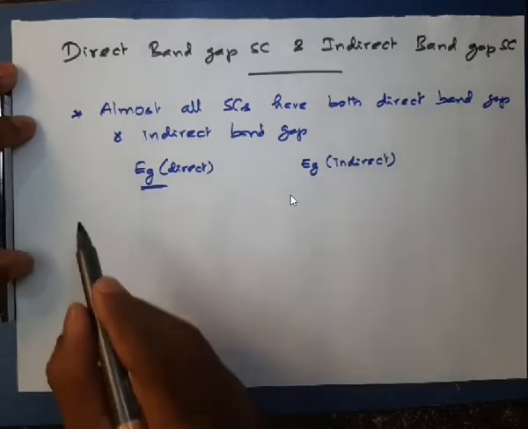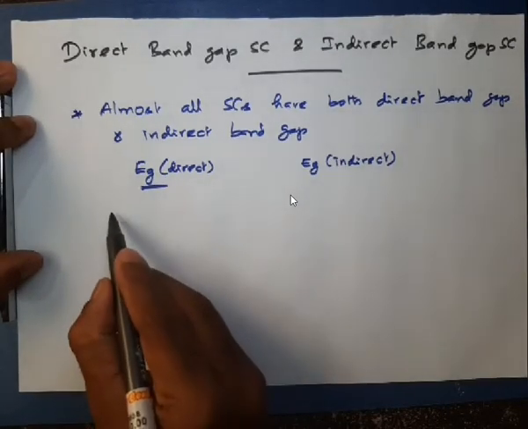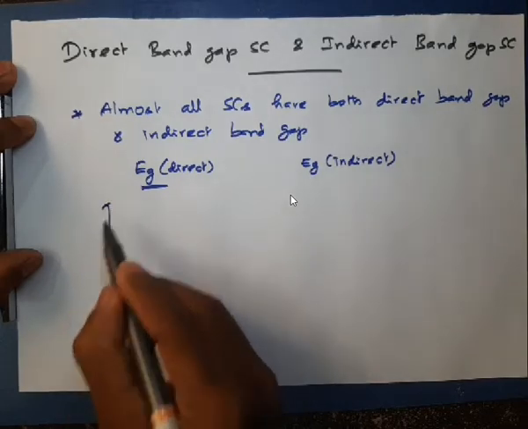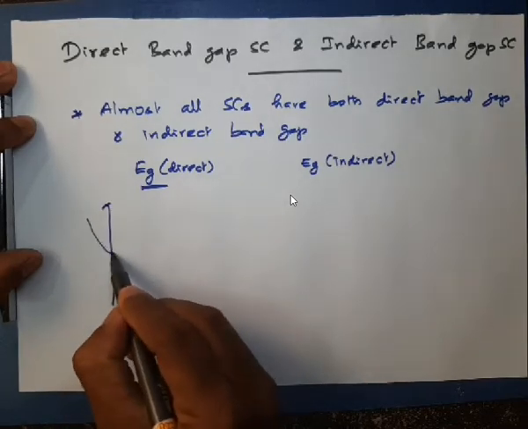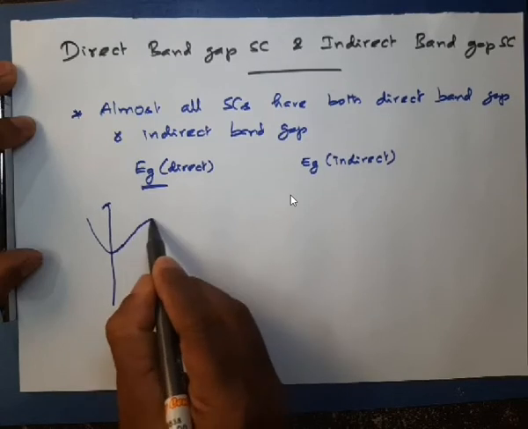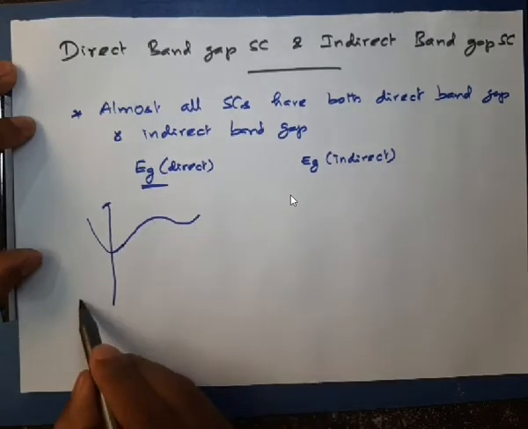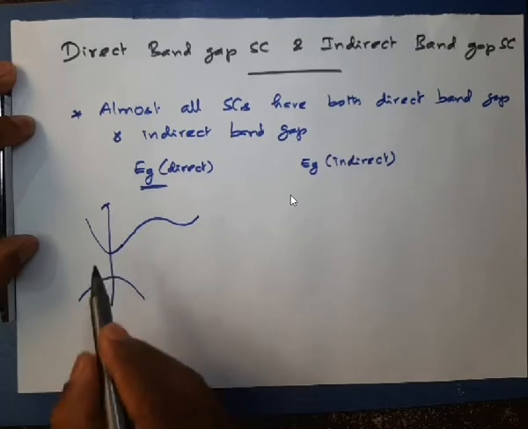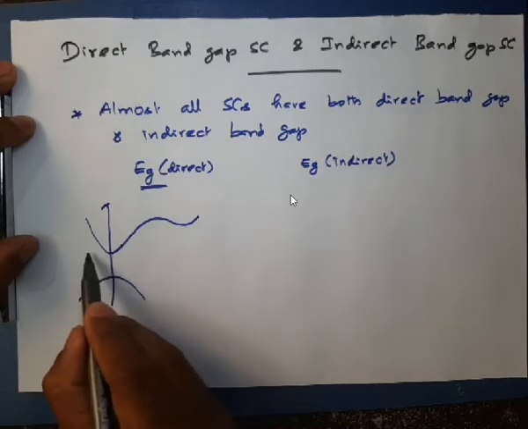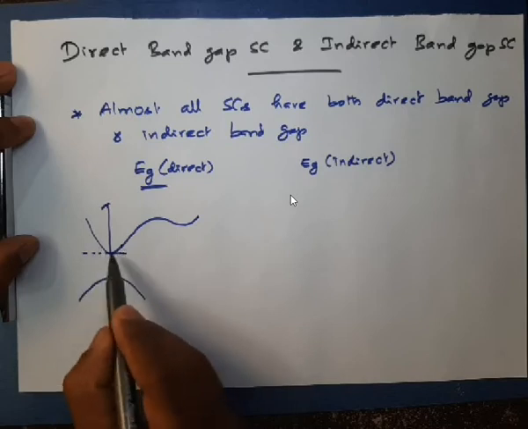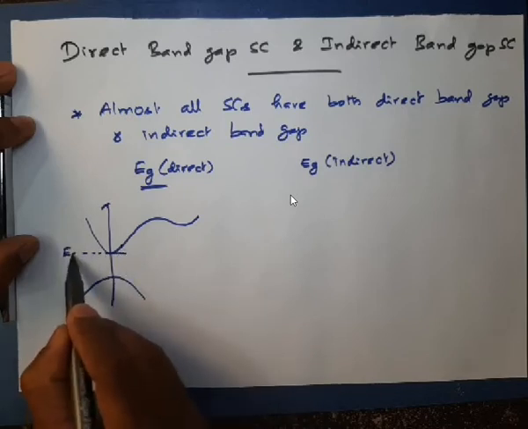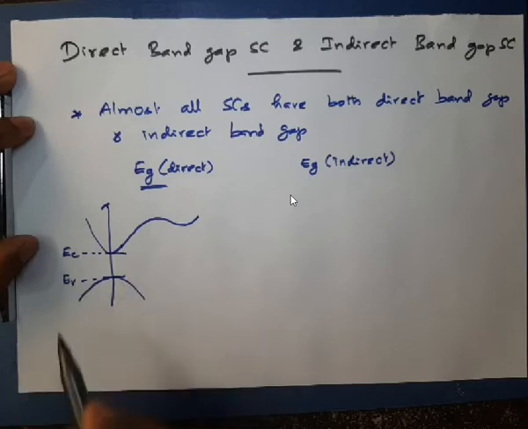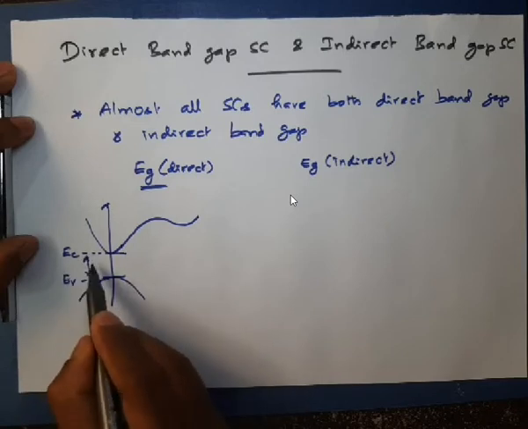Suppose in the E versus K diagram, I have a band here and another band here. This is the valence band. For this band, the lowest bottom energy is EC, and for this band, this is the valence band, the EV, and this gap is the band gap.